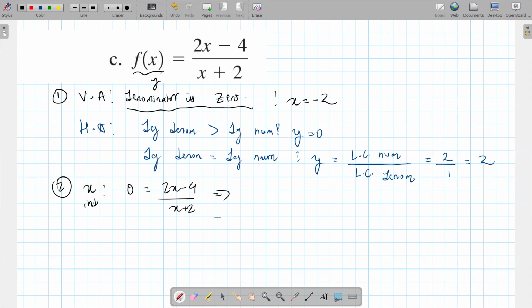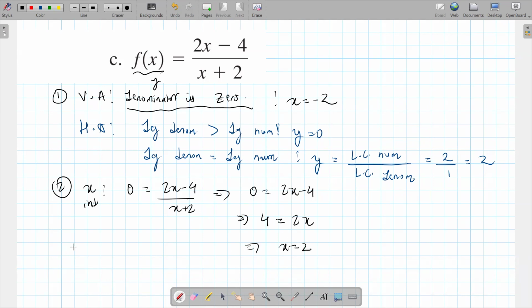Step number 1, get rid of the denominator. So you multiply both sides by that denominator, okay? So here, it'll be 0 = 2x - 4. 4 = 2x. x = 2.